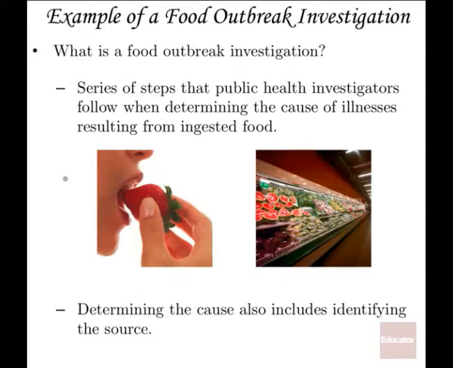Also, it isn't just determining the cause of the illness. It's also determining the source, because ultimately, if it's a particular food item and we pull the food item off the market, that's an immediate cause and effect relationship. If the cases go down, then we know we found the source.